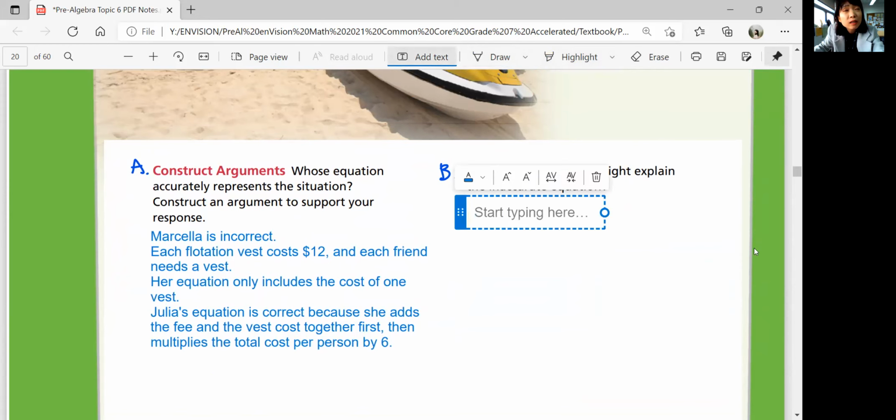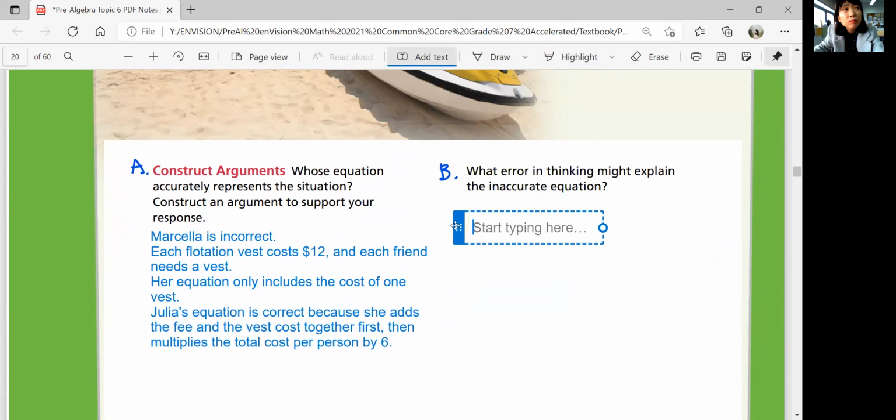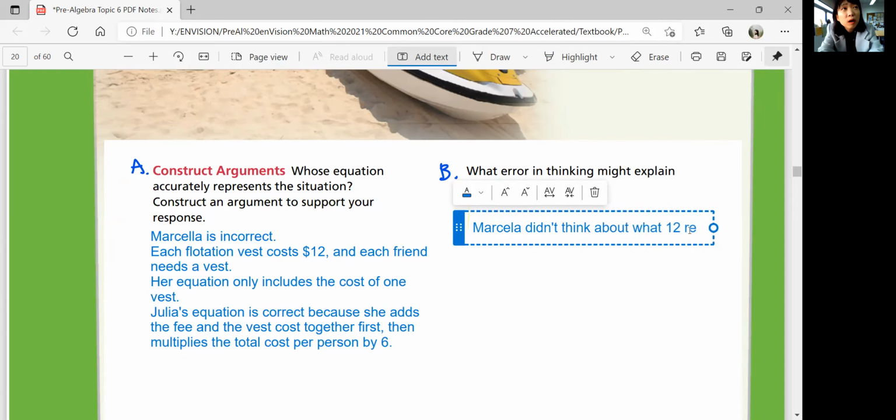So she might have assumed Marcella may have known, but didn't think about what 12 represented in the equation.